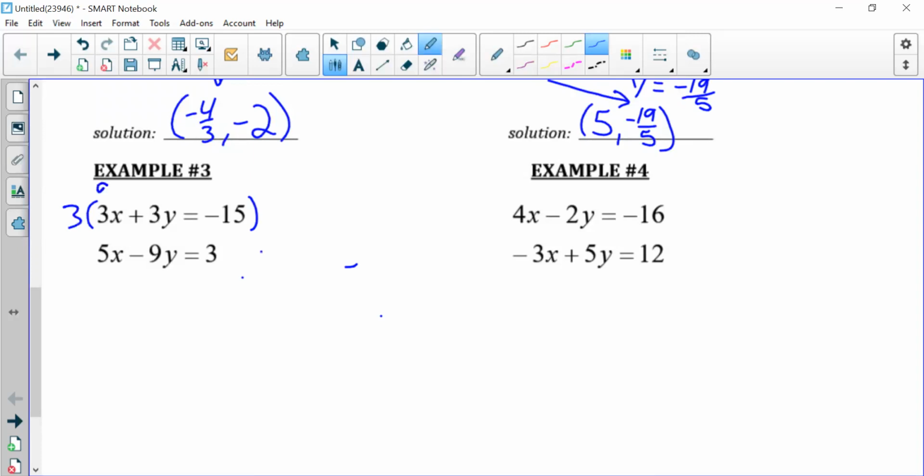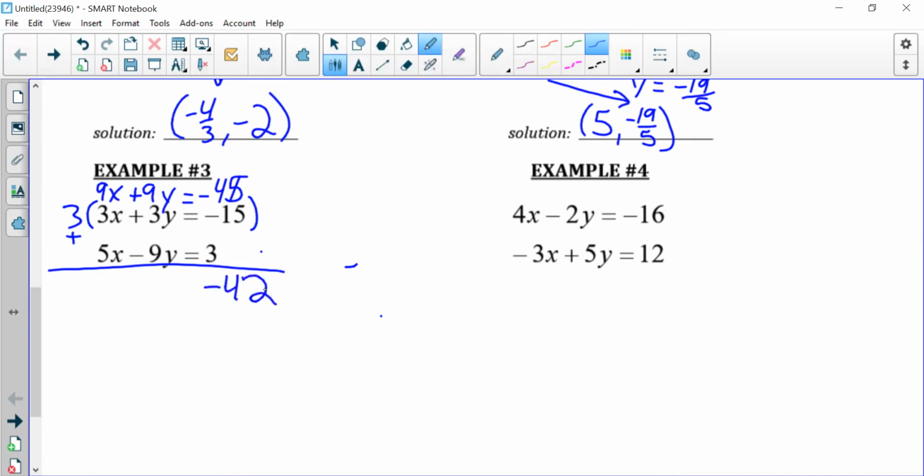So that's going to give me 9x plus 9y equals -45. Now we can add it and solve it. So -45 plus 3 is going to give me -42.